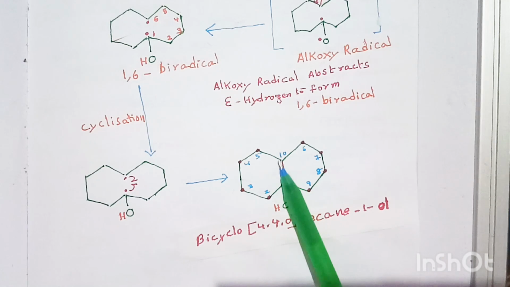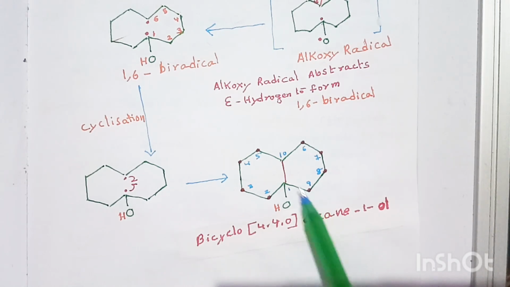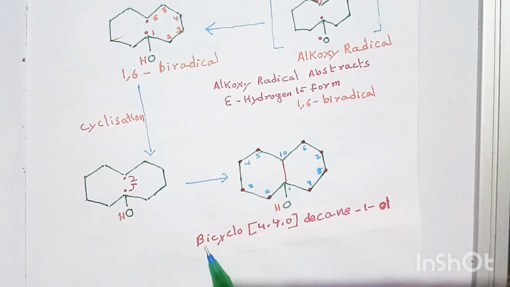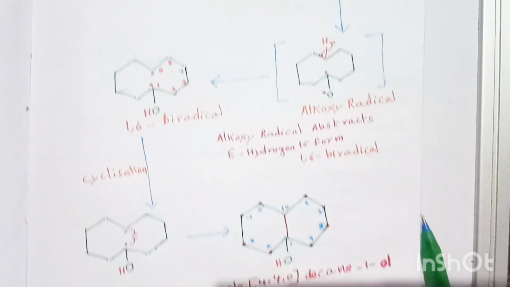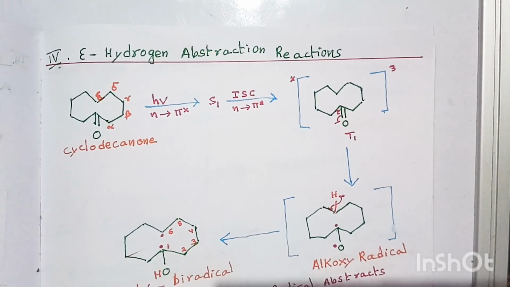Bridge carbon atoms are nil, so 0. Bicyclo 4,4,0. 10 carbon atoms are present altogether, so it is decane. 1-ol, because the OH group is present on the first carbon atom. So this compound is called bicyclo 4,4,0 decan-1-ol. This is about the epsilon hydrogen abstraction reaction of carbonyl compounds.